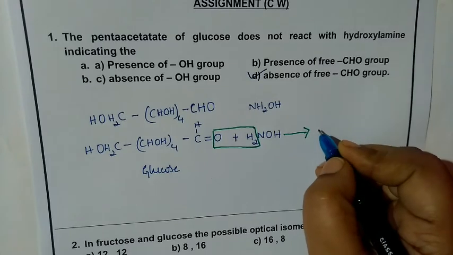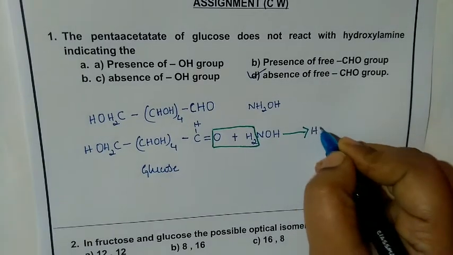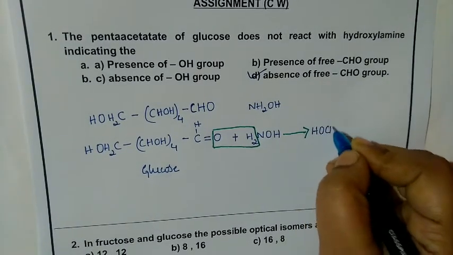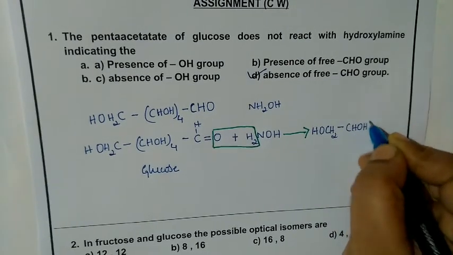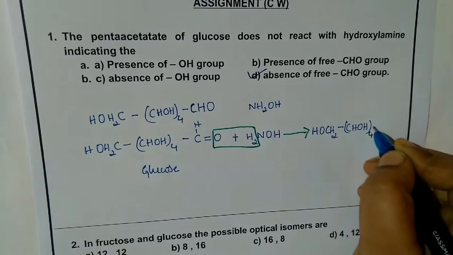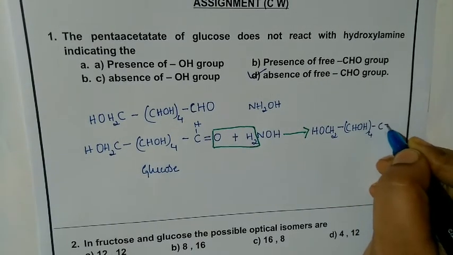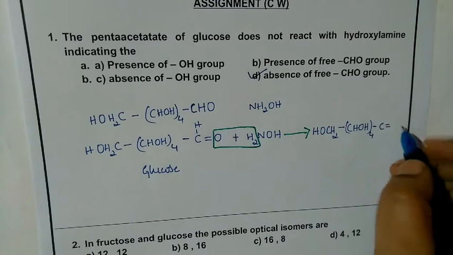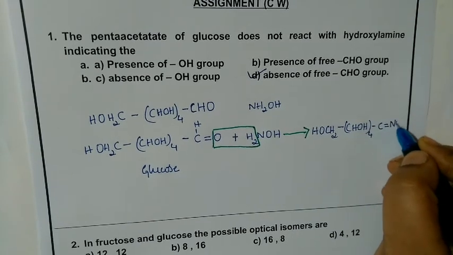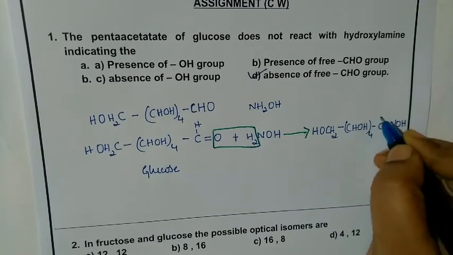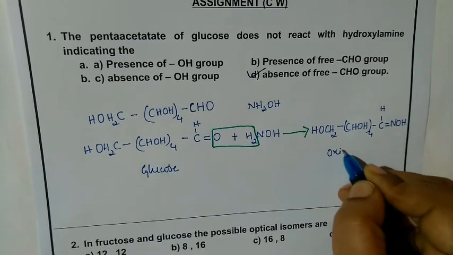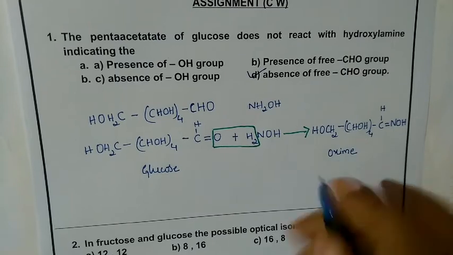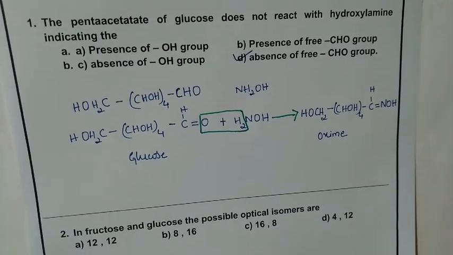So it forms the compound HO-CH2, CHOH 4 times, C double bond NOH, CH here. And this is our oxime. The compound name is oxime.